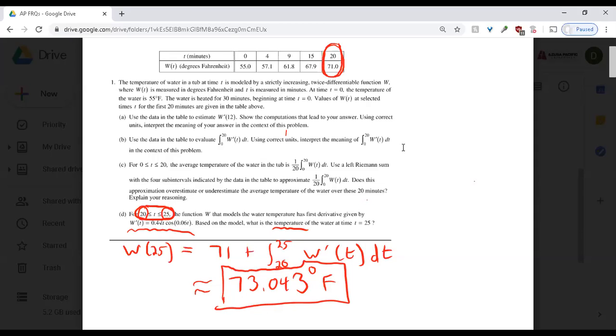Wait, so whenever they ask you for something at a specific time, that's when you'd use the formula? It's based on if you know the right conditions. So like if you know a starting value, so you see for this one, we're starting at 20, and you know up here the temperature at 20 minutes. And then you have a change that's happening from minute 20 to minute 25. So it's when you have a starting value and you have a change happening over an interval.